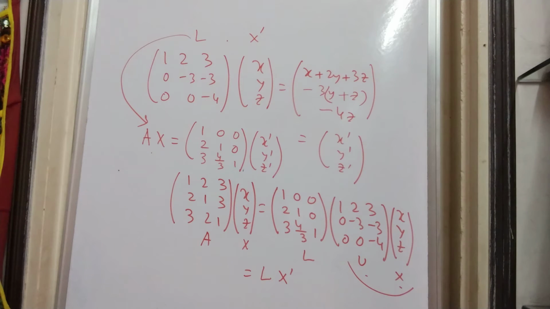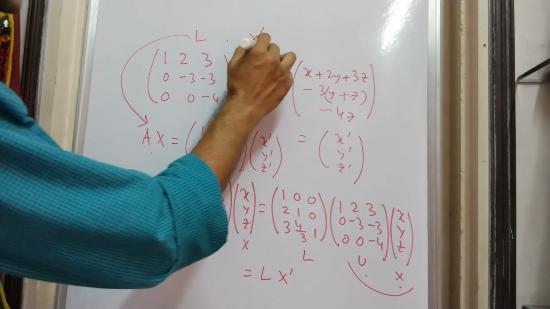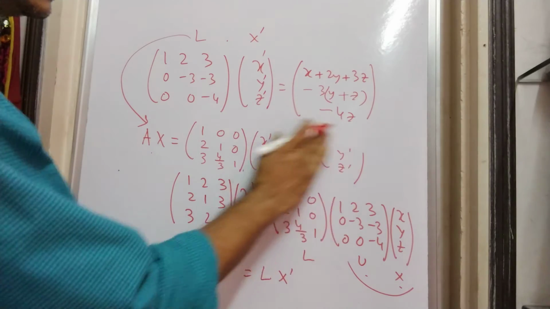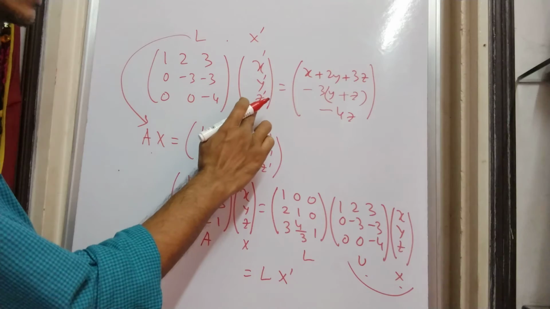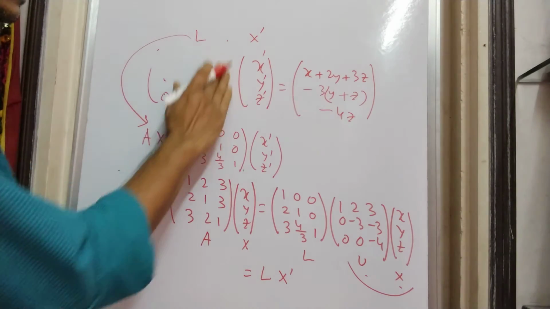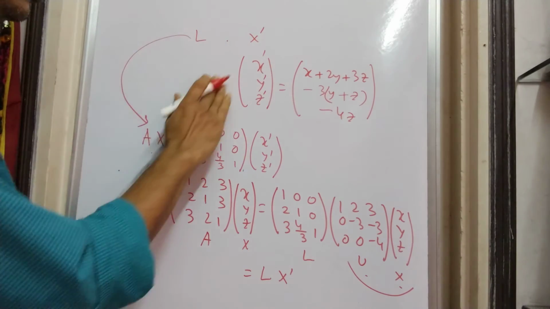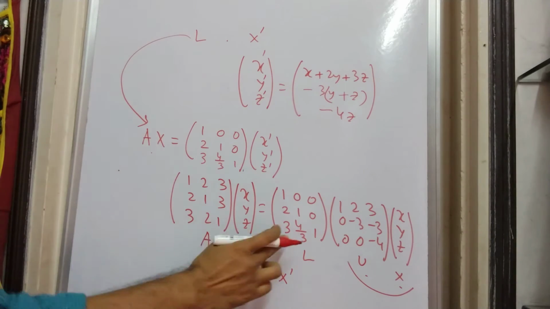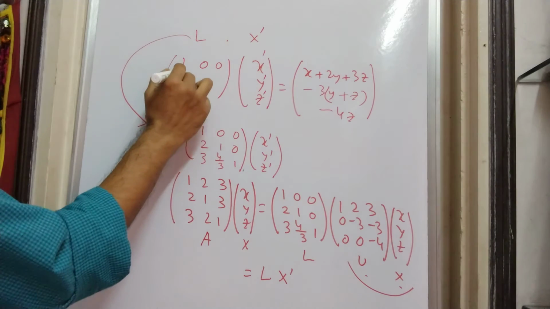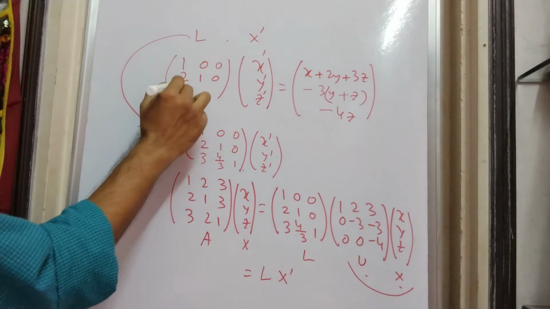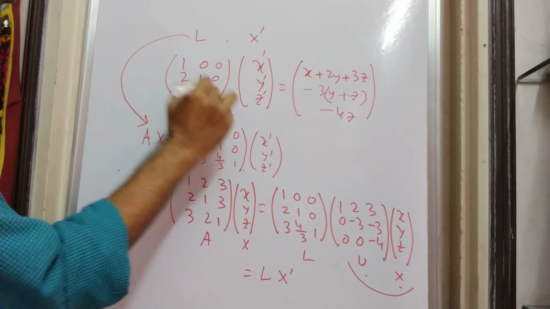I think you can follow. Actually, we should write here x prime, y prime, z prime, and this into this is this. So this is the new x prime, y prime, z prime. And now we write L here: 1 0 0, 2 1 0, and then we have 3, 4 by 3, 1.